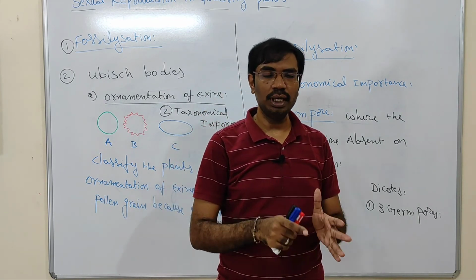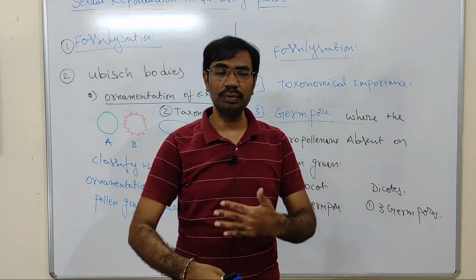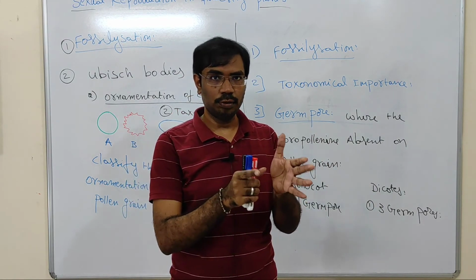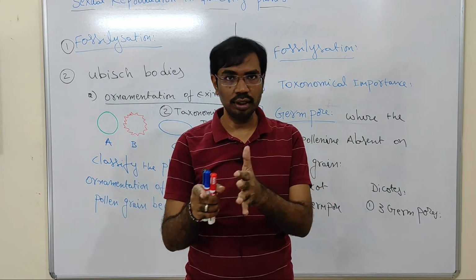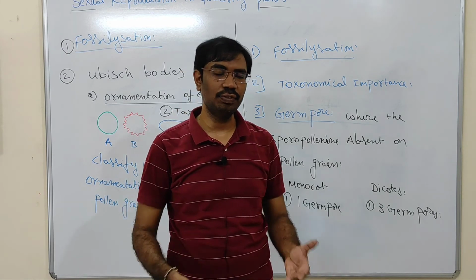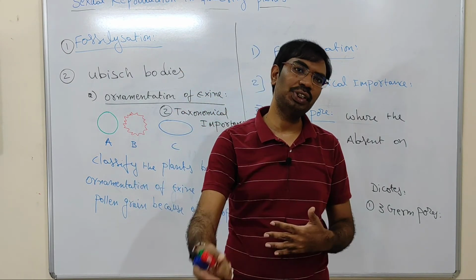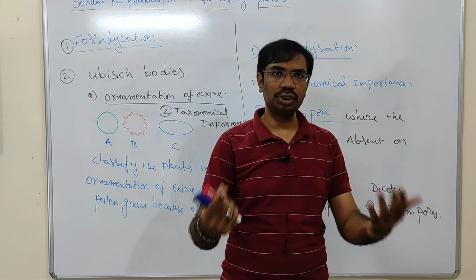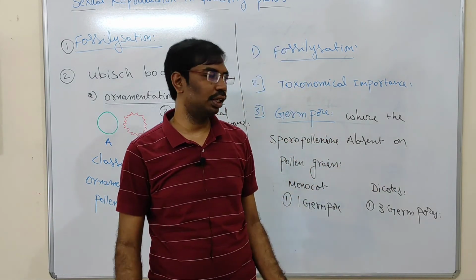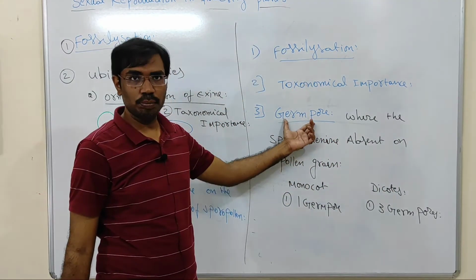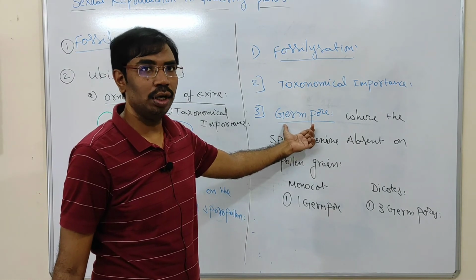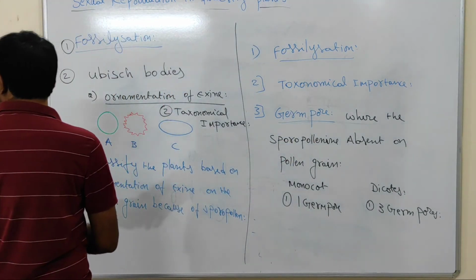If the male gametes fail to transfer to the ovule, there is no fertilization. No fertilization means no formation of seeds, and no seed formation means no next generation. So the germ pore is very important for the formation of the pollen tube.